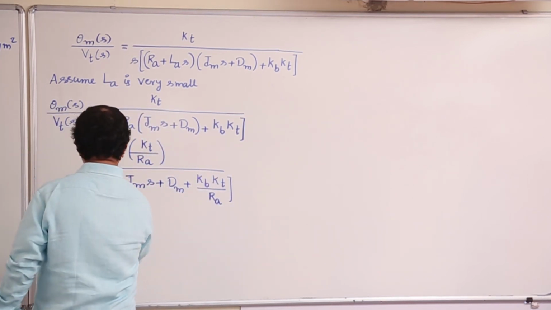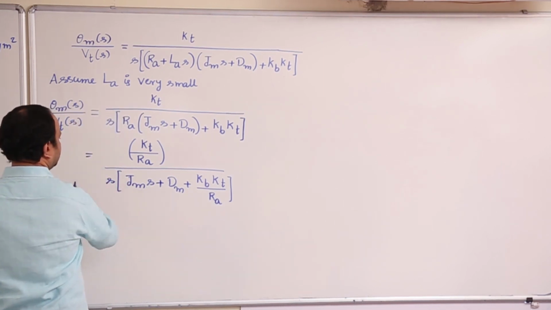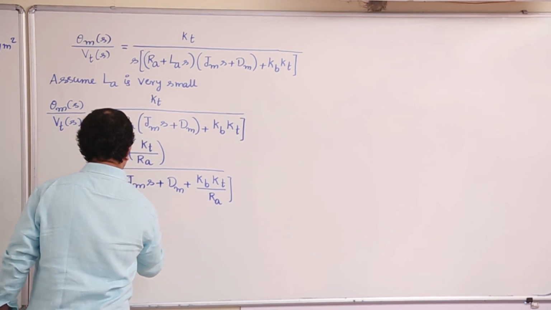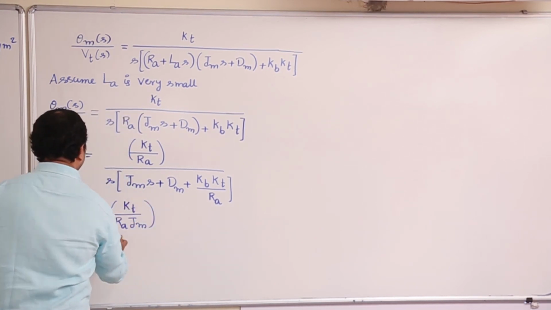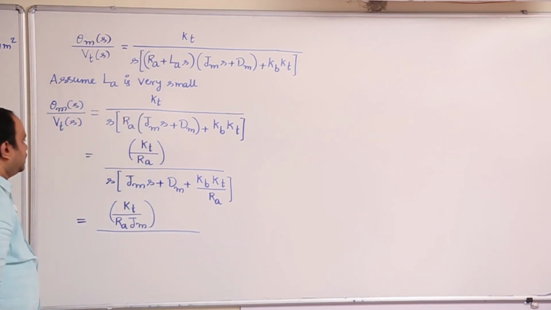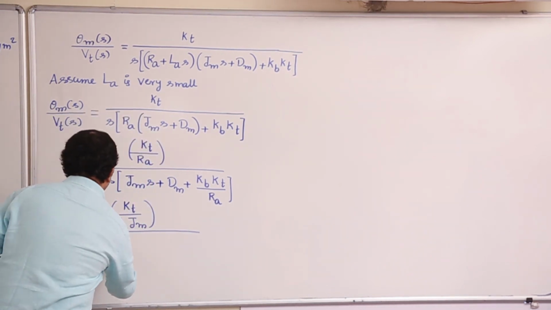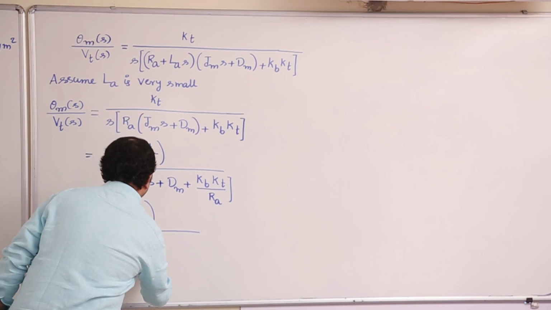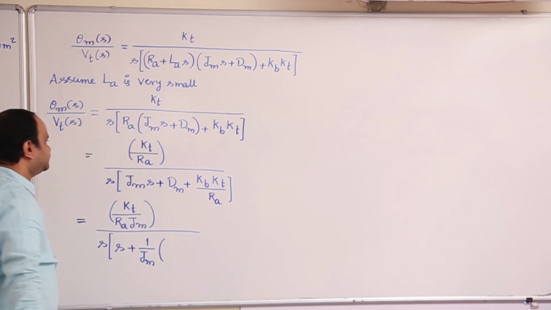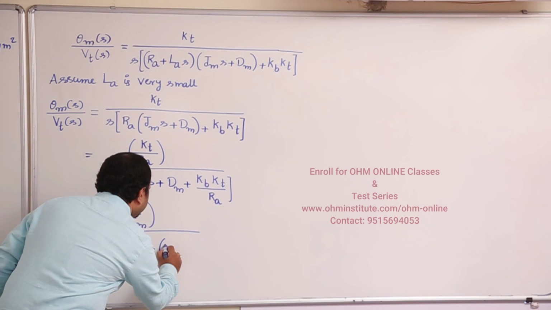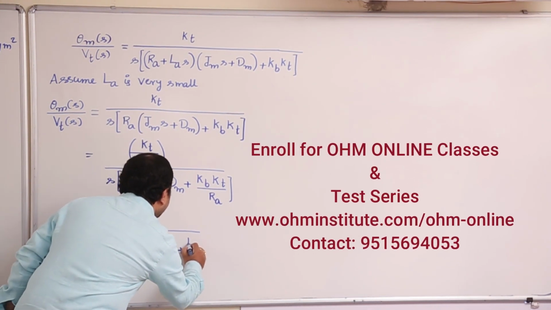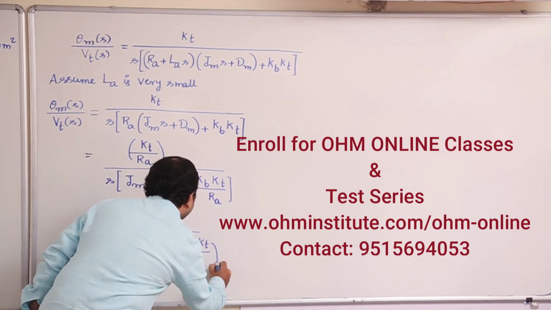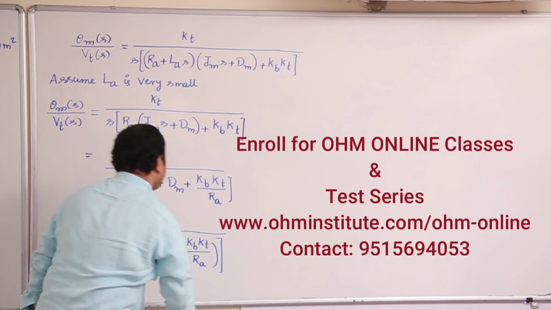Now this is further simplified by taking Jm outside: Kt by Ra into Jm in the numerator, and the denominator S multiplied with S plus 1 by Jm multiplied with Dm plus Kb Kt divided by Ra.